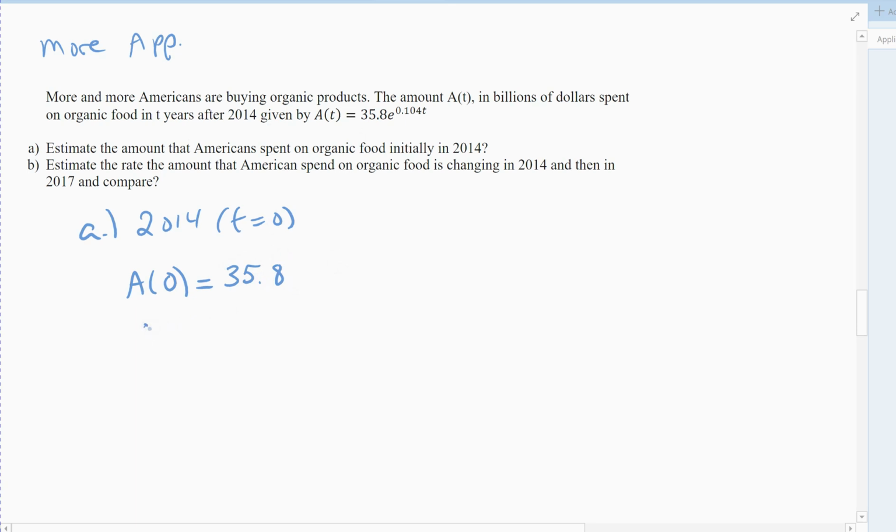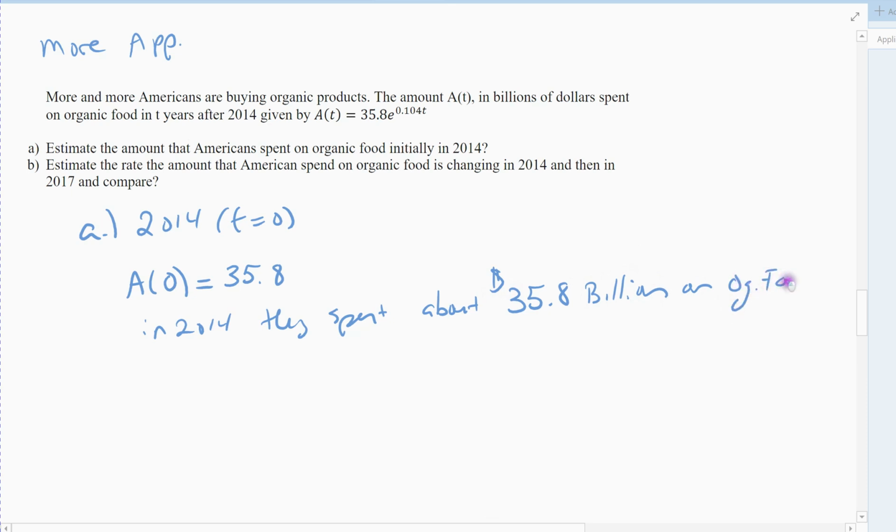So in 2014, they spent about 35.8 billion, not million, billion on organic food. All right, that's part A. Simply plug in zero, or understand that the number up front is the value at zero.